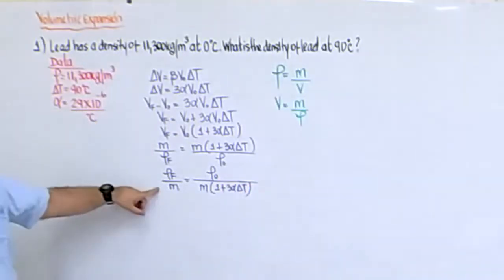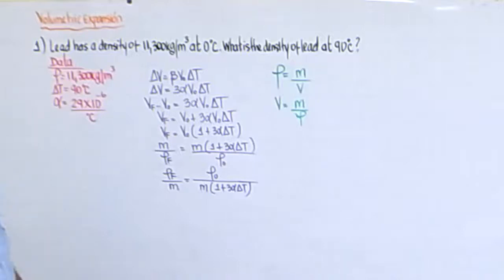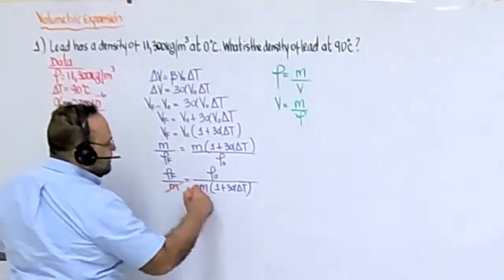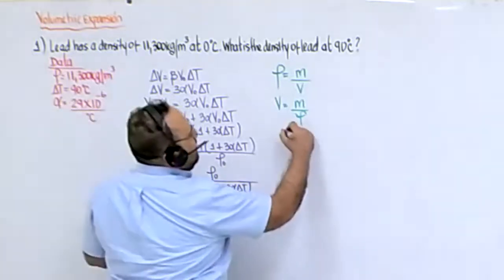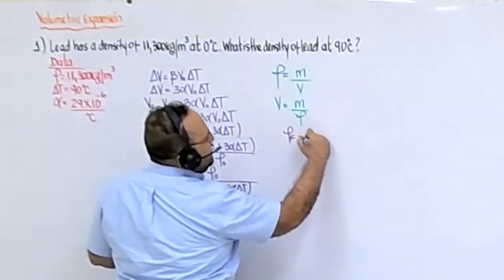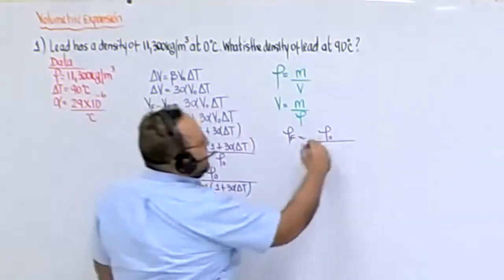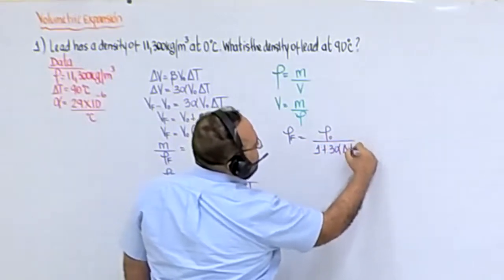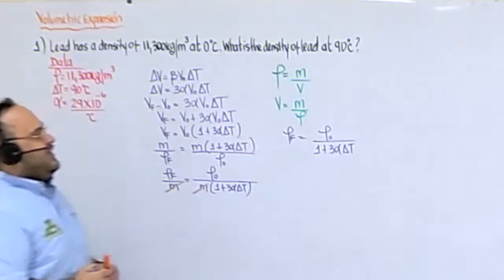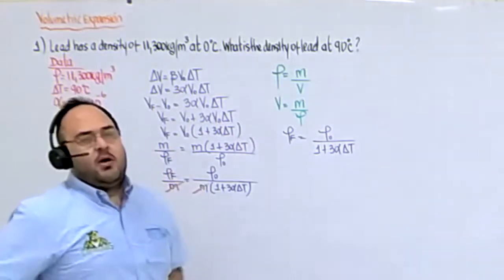Okay, so we are looking for the new density. This mass is divided, so it passes to multiply. This particular thing will be canceled and we can conclude our final density will be the initial density divided by 1 plus 3 times alpha delta T. Let's analyze if this formula works.